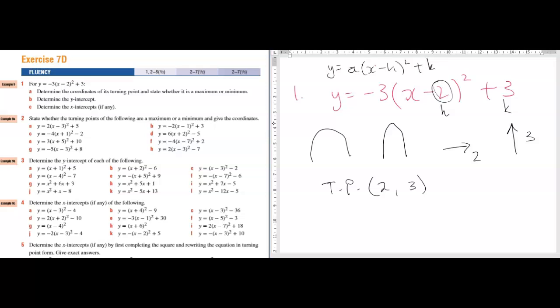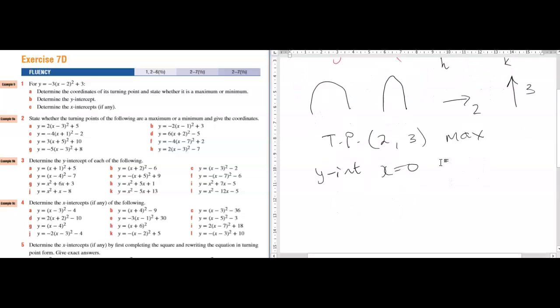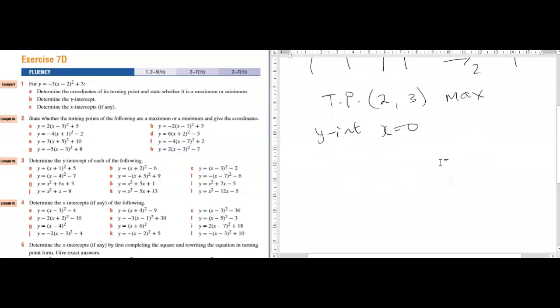And it's a maximum, because of this negative sign. That negative makes it a maximum. It looks like this, what I've drawn here. Determine the y-intercept. The y-intercept is when x is equal to 0. I'm just going to scroll down a bit so we've got more space. So y = -3(0 - 2)² + 3. I'm just substituting this into the equation. If you're wondering where these numbers came from, there's our equation.